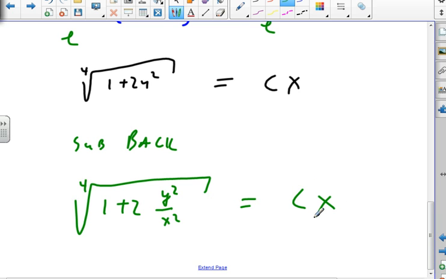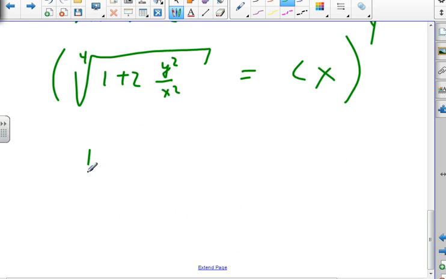Maybe the author left it that way, maybe he didn't. This is number 10, and he didn't leave it that way. Okay, we're going to take everything to the fourth power. 1 plus 2 y squared over x squared is equal to cx to the fourth power.